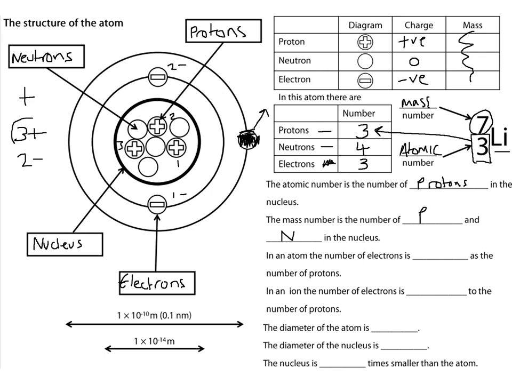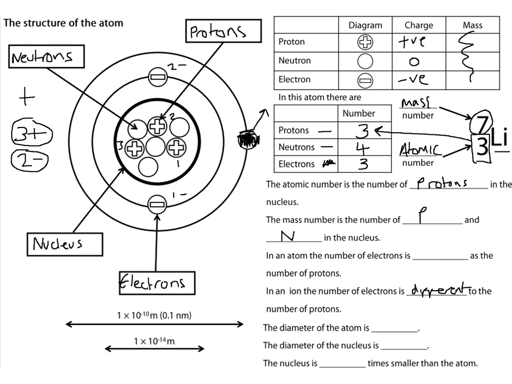And any time where the electrons are different to the protons, we call that an ion. So in an ion, the number of electrons is different to the number of protons.